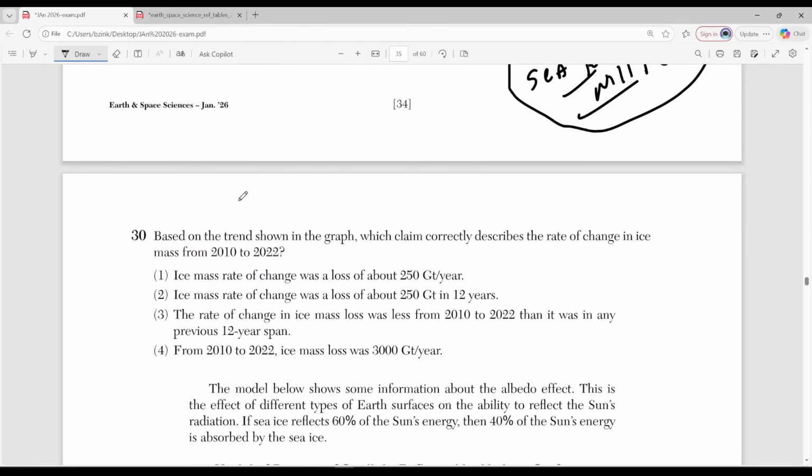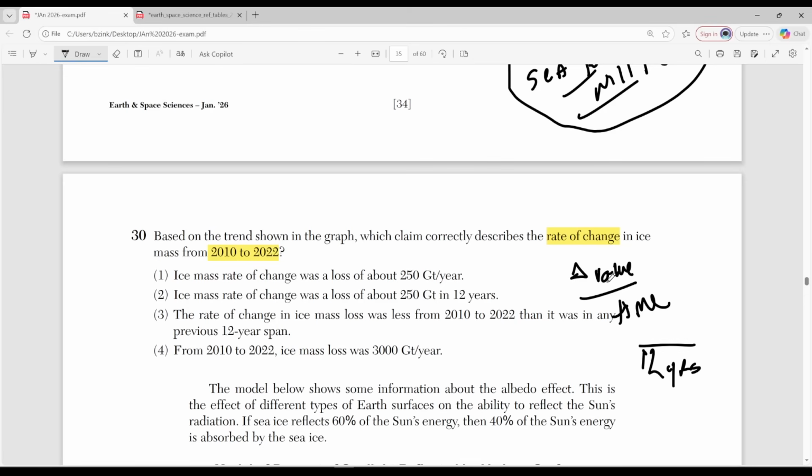All right, based on the trend shown in the graph, which claim correctly describes the rate of change from 2010 to 2022? So they want me to do some math here. Rate of change is going to be change in value over time. From 2022 to 2010, that is going to be 12 years.